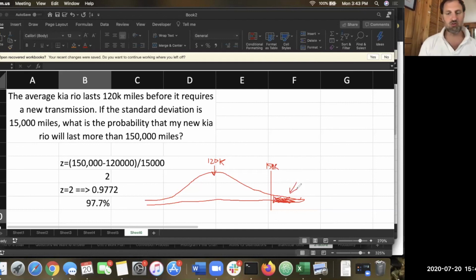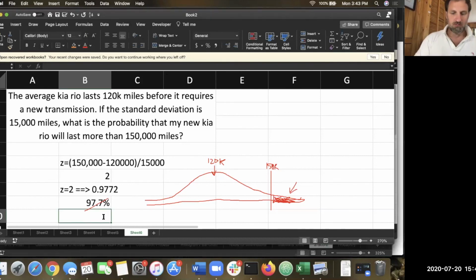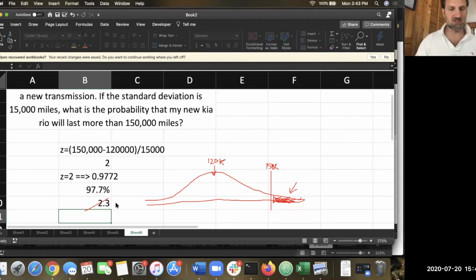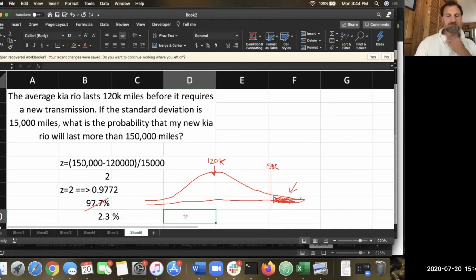And that's the minority part, which means this answer is not right. We've got to do 100% minus 97.7% to get the answer. So 2.3% is the correct answer there. And that last part requires some critical thinking about the context, the picture, the shape, what's happening.